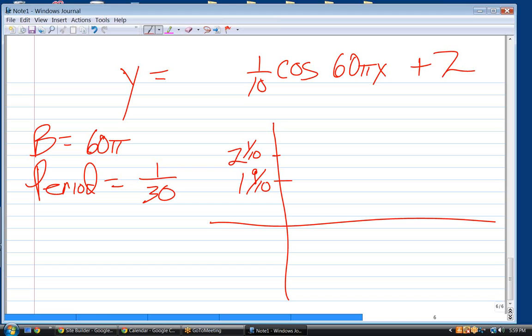And my dotted line goes through that. In other words, I've got to go 1/10 above my dotted line and 1/10 below my dotted line. And I'm going to go with a period. I'll just label that like that.